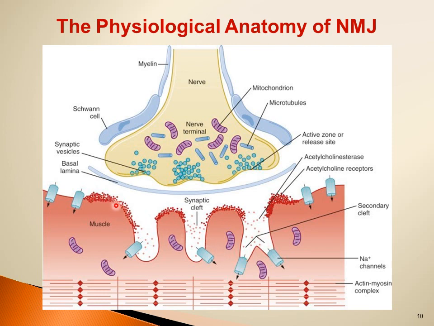You can see here that we have a large number of acetylcholine receptors in red, and the basal lamina that is rich in acetylcholinesterase. The figure is simplified. This basal lamina is also thrown inside the primary and secondary clefts, so the acetylcholinesterase that is present in that basal lamina will destroy acetylcholine after it performs its function.